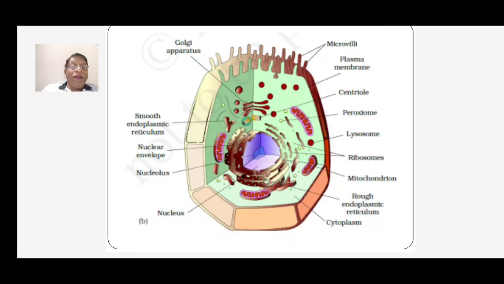You can see the endoplasmic reticulum. It is of two types. On the right side, the rough endoplasmic reticulum; on the left side, the smooth endoplasmic reticulum. There is a difference between rough and smooth endoplasmic reticulum.